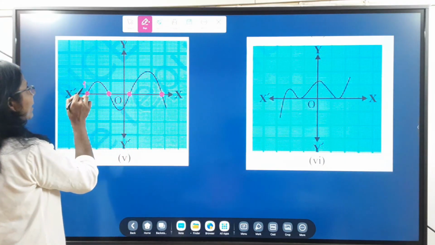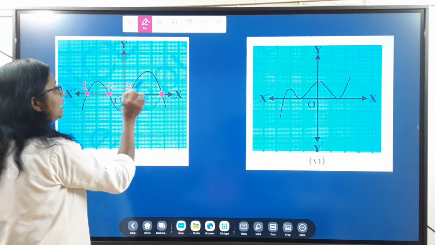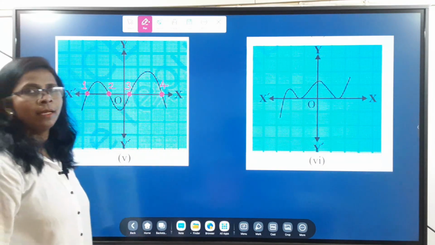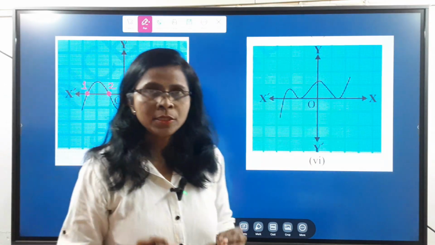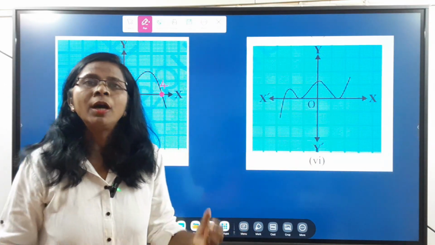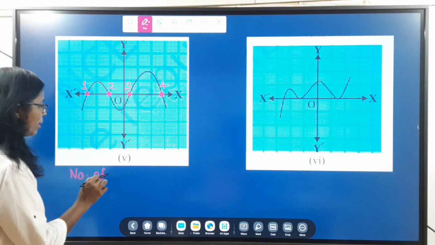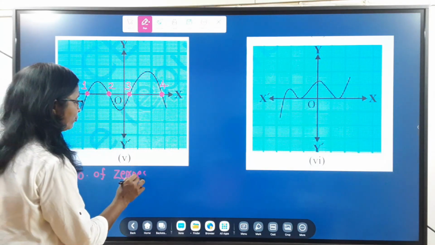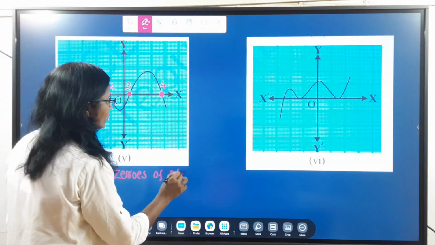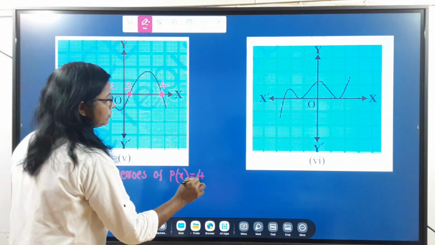So here students, there are 1, 2, 3 and 4 points. There are 4 points where this curved line intersects the x-axis, and that's why here students, we say that the number of zeros of p of x is equal to 4.